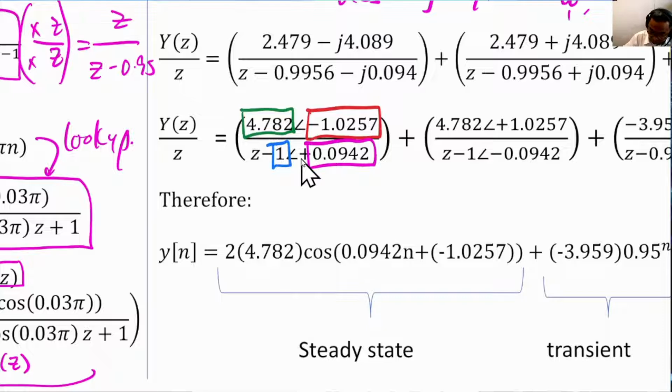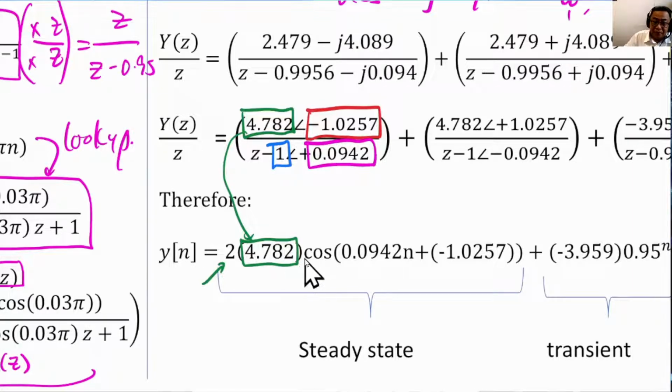So where are they? The magnitude of the numerator is here in front of the cosine. There is a multiplication by 2 because the two poles of this complex conjugate pair will join up to have 2 times the magnitude, which will be the final magnitude of this cosine.